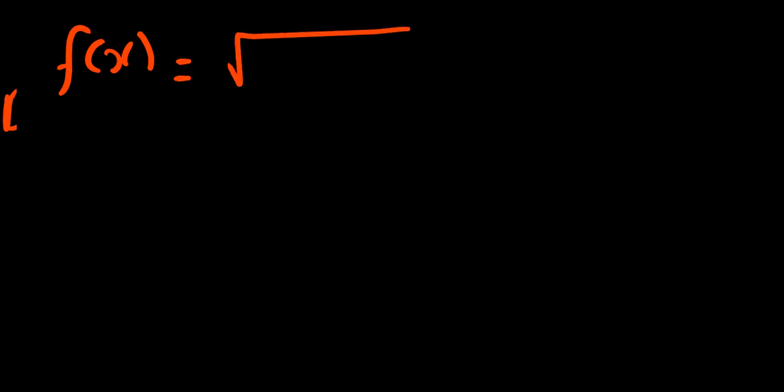So our E in that case is f of x equals the square root of 2x squared minus 5x minus 7. So we're trying to find the domain. The square root function is defined only if the expression inside is non-negative.